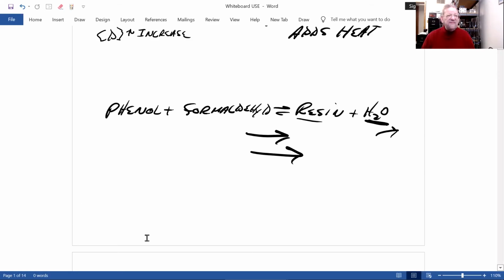Now the resin, hold on one second. Let me see if I can find something. Now the resin was used to glue stuff together.